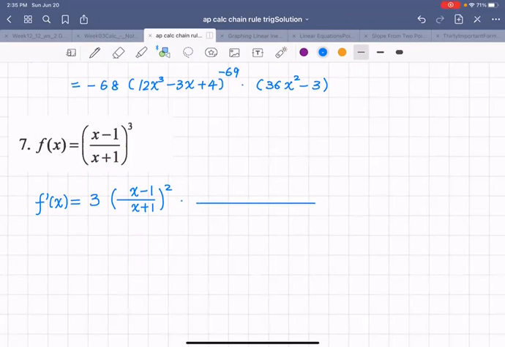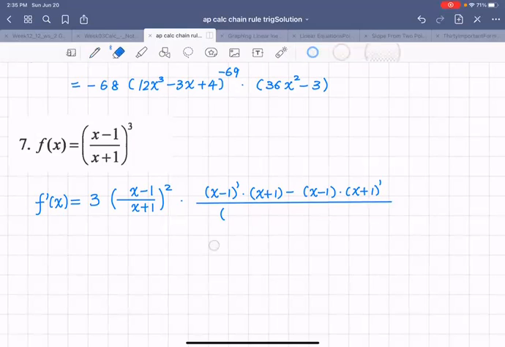Go ahead. Okay, the derivative of x minus 1, which is x minus 1 prime times x plus 1, okay, minus x minus 1 times the derivative of x plus 1, okay, over x plus 1 squared, I think.